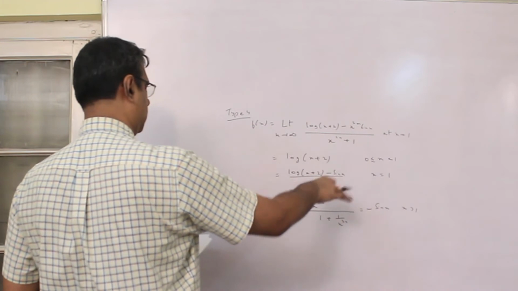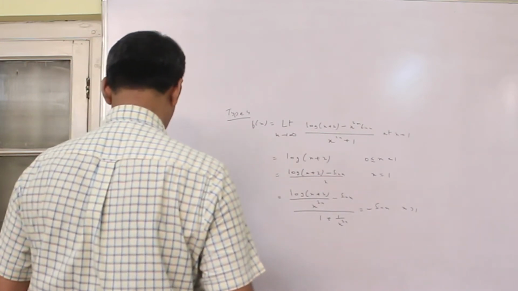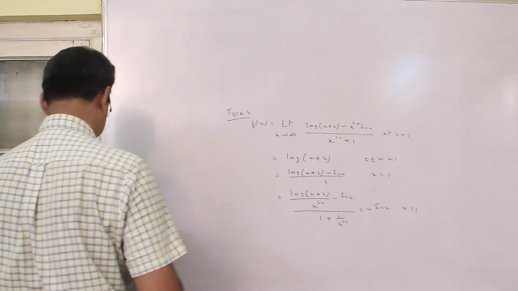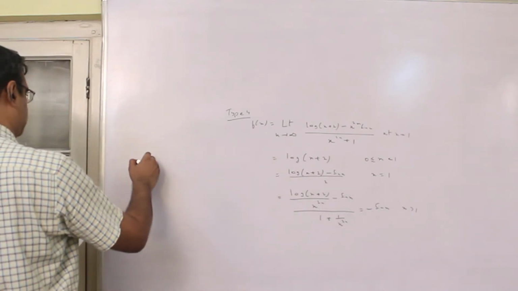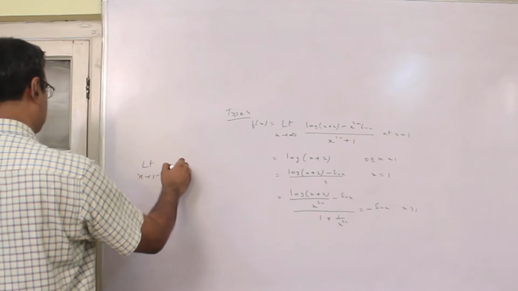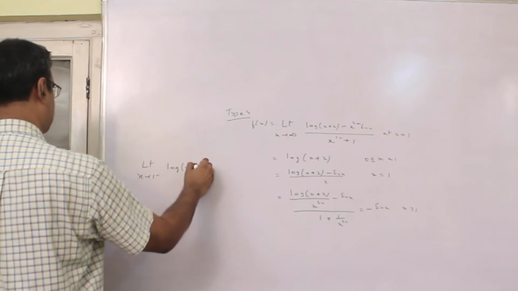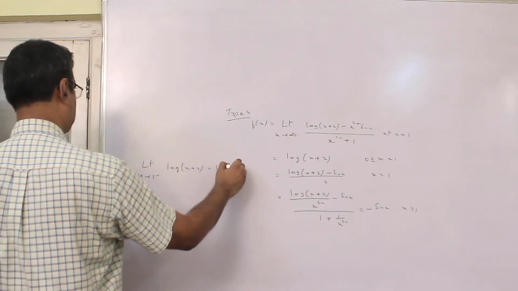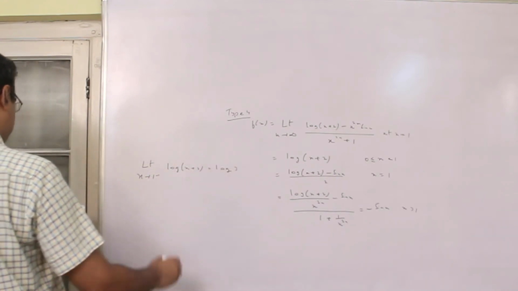So you have got the piecewise definition of the function. Now suppose you do left hand limit at 1, so the answer is log 3.